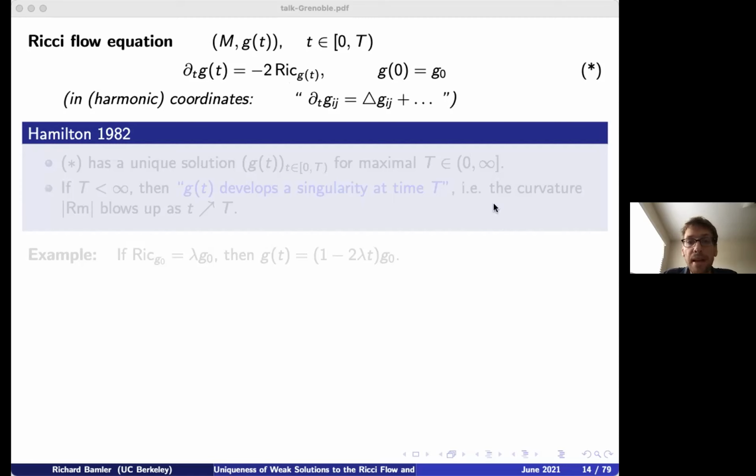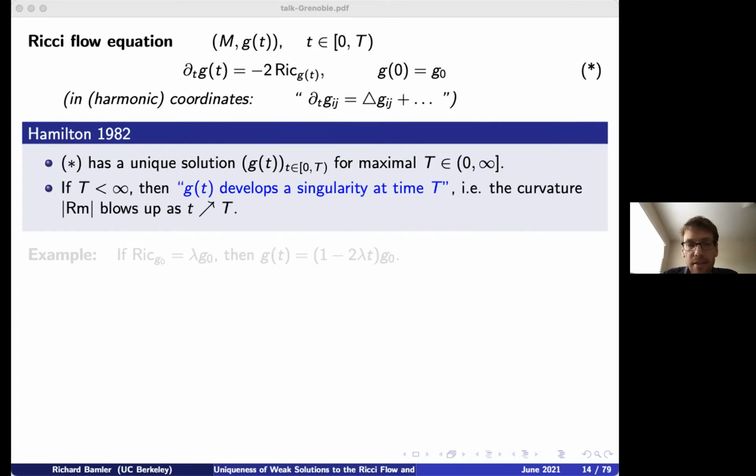1982. And in the same paper, Hamilton also showed that the flow has a unique solution for some maximal time. Okay? So if we start with some initial condition, we have some unique solution, let's say on a compact manifold. And the solution either exists for all non-negative times, in which case we call the solution immortal, or it ceases to exist at some positive time.